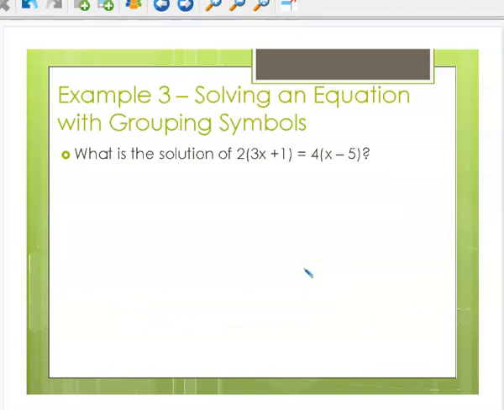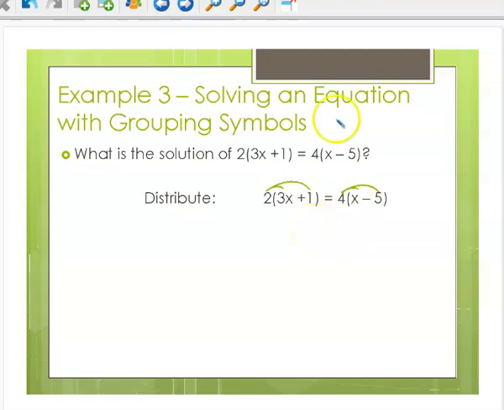Example 3. Let's try to do one that has grouping symbols, and we have variables on both sides again. So your first step is go ahead, apply that distributive property to both sides now. You guys should be getting pretty good with that.